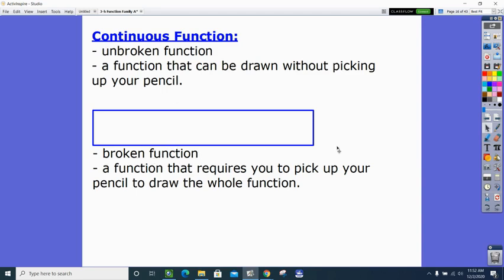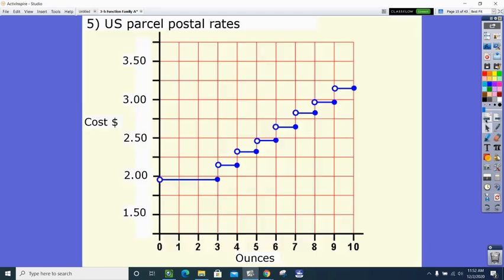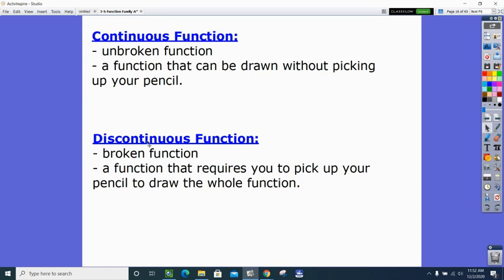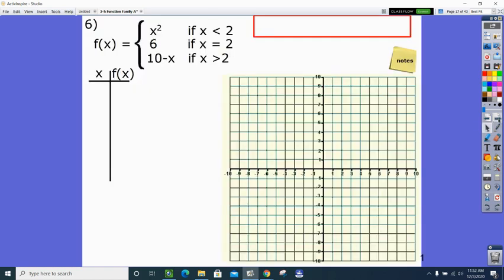Now, when the function breaks and you have to pick up your pencil to draw pieces of it, it actually has another name in calculus called a discontinuous function. So continuous versus discontinuous. And I thought I'd just throw that word out there. So step function is a discontinuous function. Speaking of discontinuous functions, piecewise can be discontinuous or continuous, if they are broken or not.